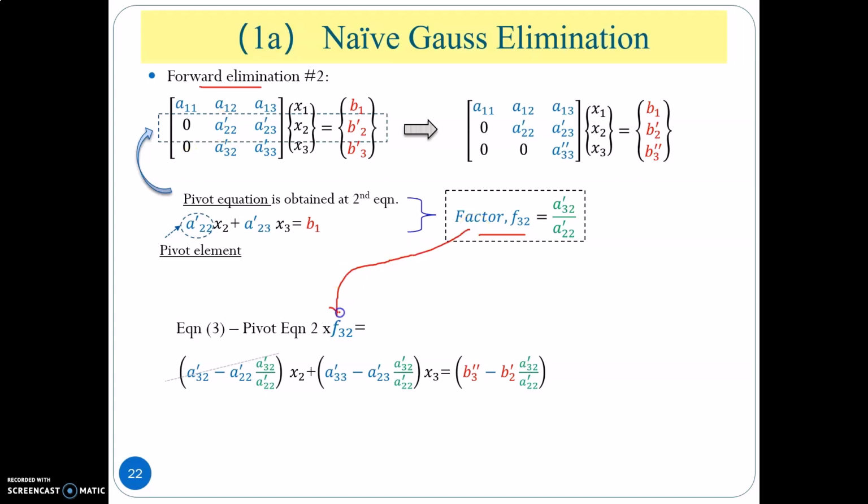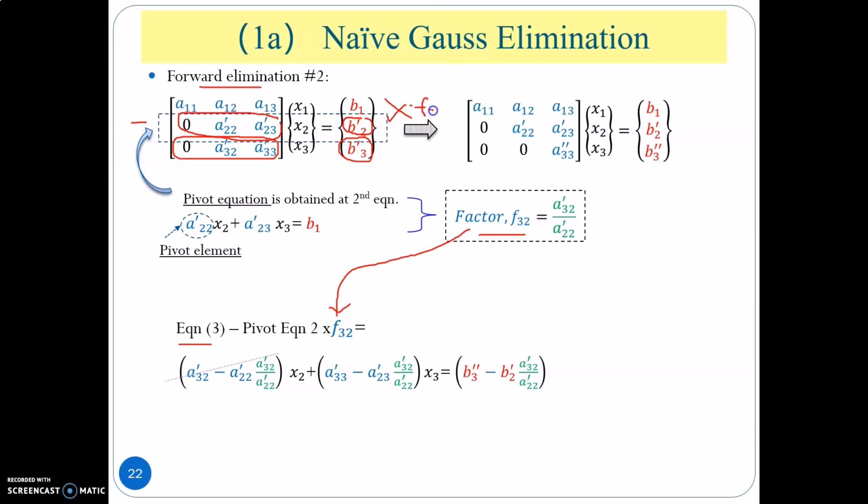Substitute the factor inside this formula where you have equation 3, which is this component, minus the pivot equation 2, so you have to subtract the second equation here, and then multiply with F32.